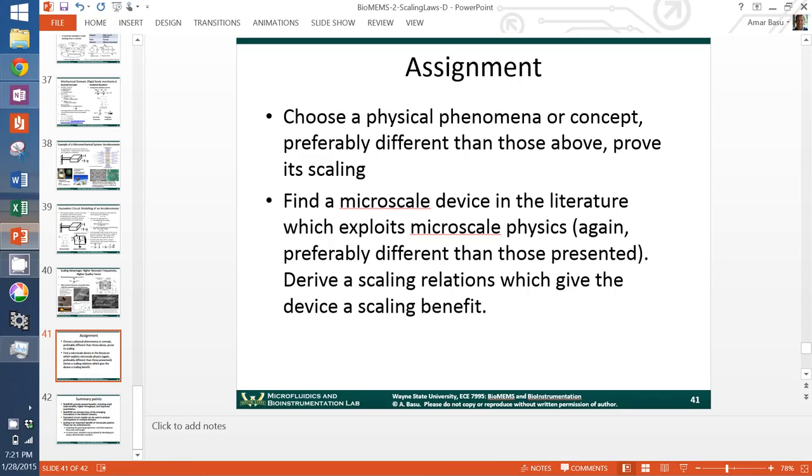The first one is on a physical phenomenon or concept. The second one is on a device. Just present those 2 slides to the class, and it'll be fun. We can learn a little bit about different devices and how they scale. Okay? All right, so we'll end there.